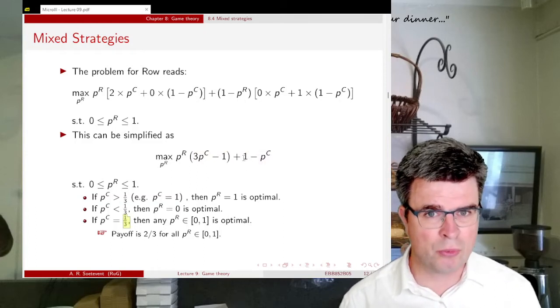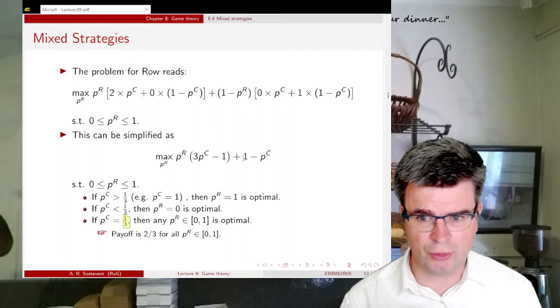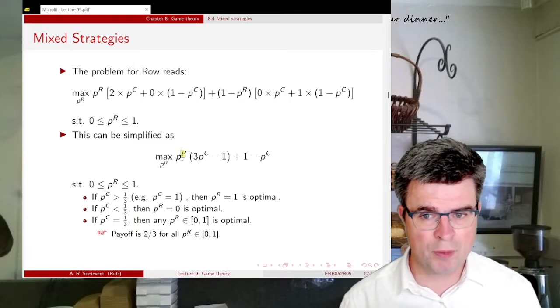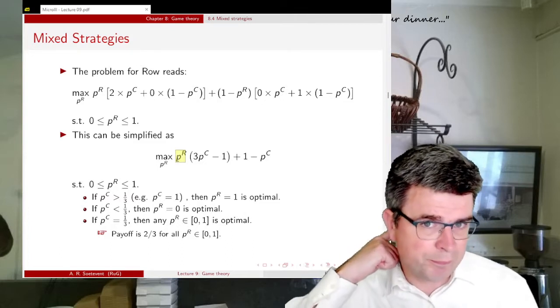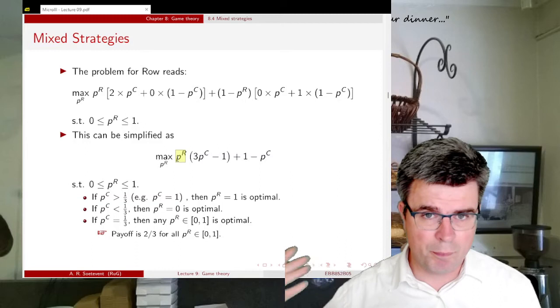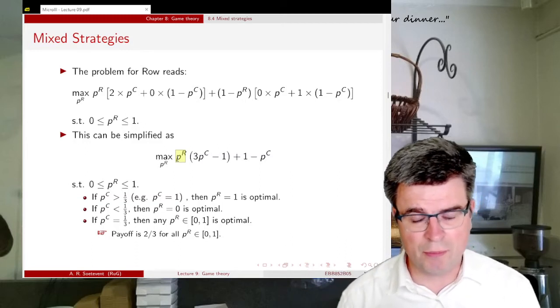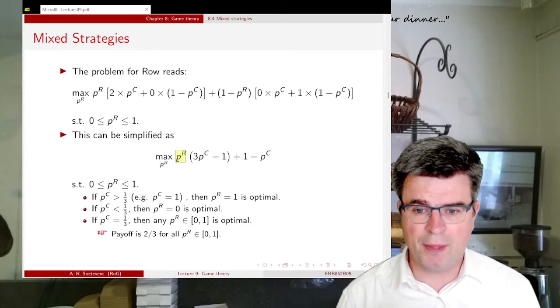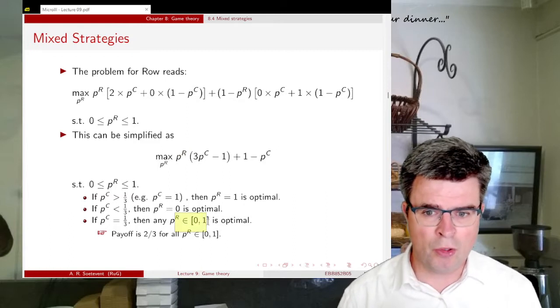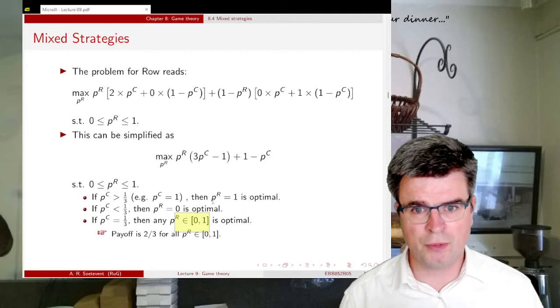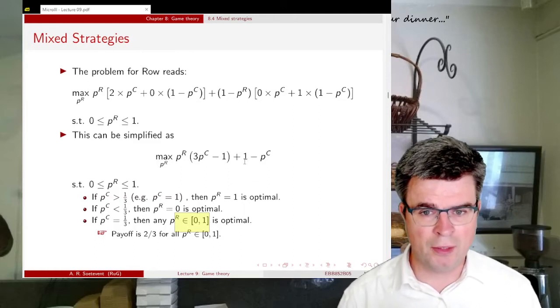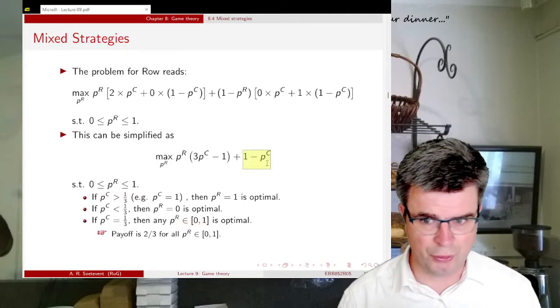So the expected utility is then 2/3 for any value of PR. So given that the column player mixes and chooses Italy with probability 1/3, then any value of PR is optimal for the row player, because all of these values will give him a utility of 2/3.